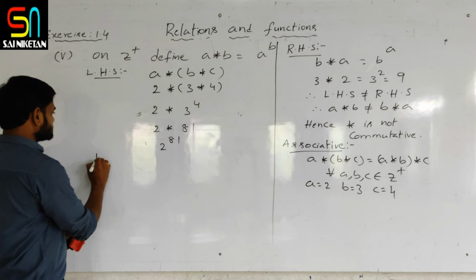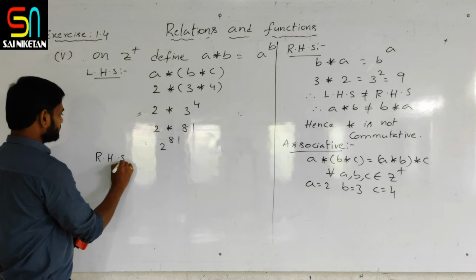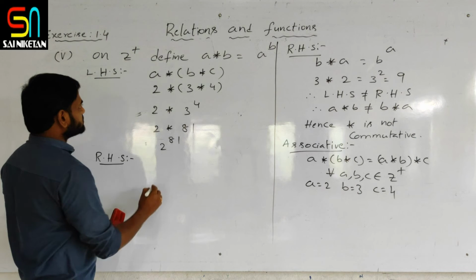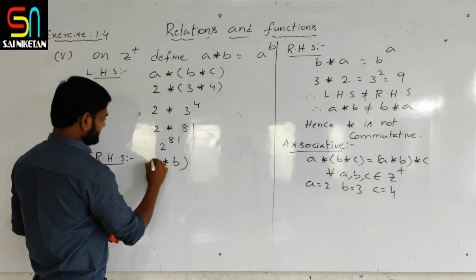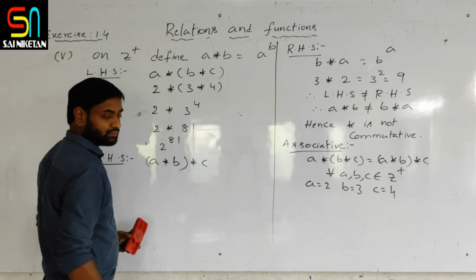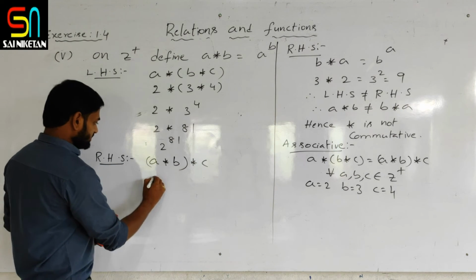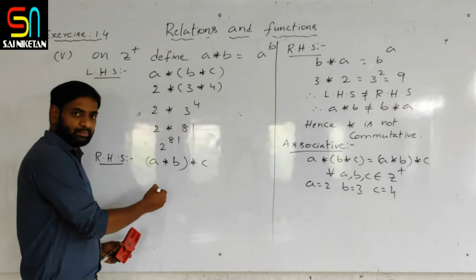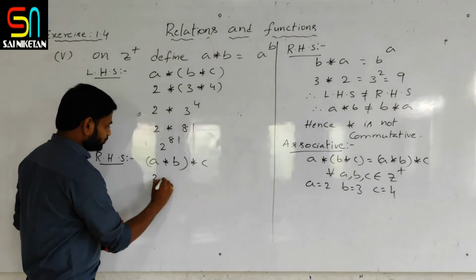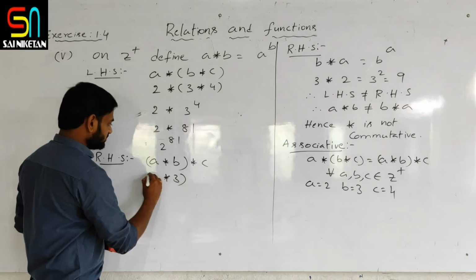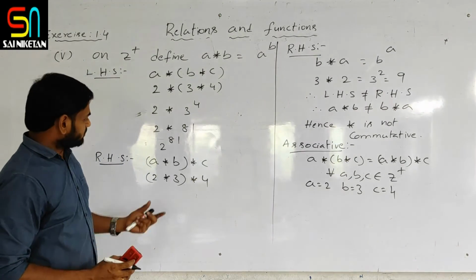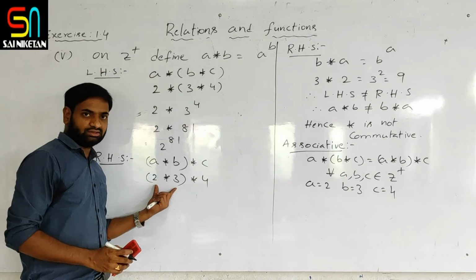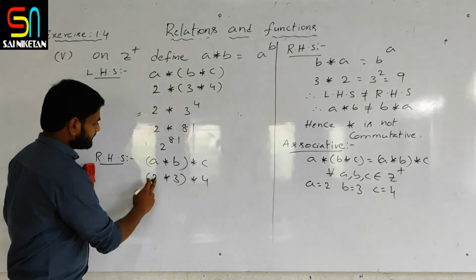Now what about the RHS? The RHS is A star B star C, with values 2 star 3 star 4. Now we have to solve 2 star 3 first.